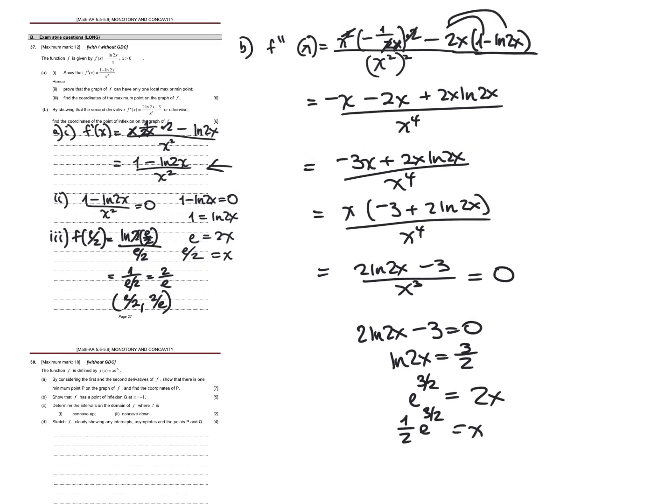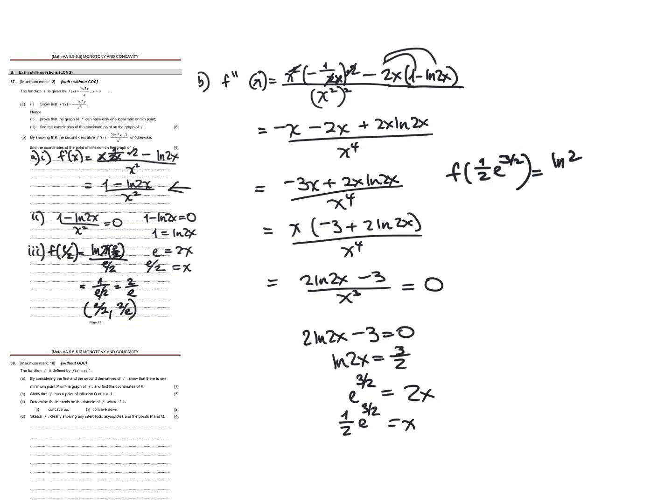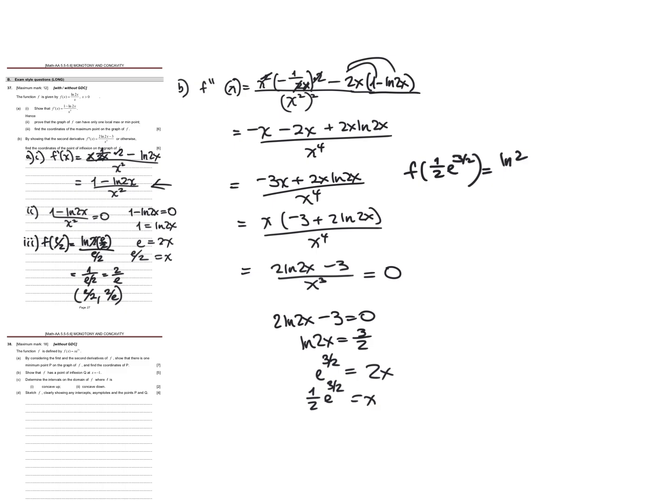And then we have to sub that into the original function. And that's going to be natural log 2, and then 1/2 e to the 3 over 2 over 1/2 e to the 3 over 2. So these 2's cancel.